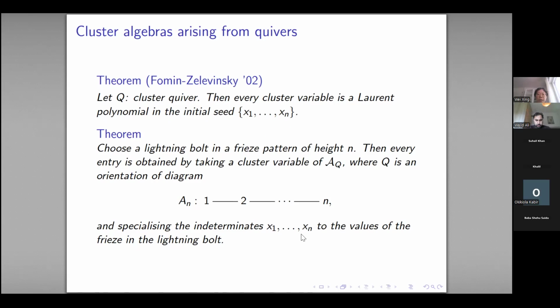And if we specialize the indeterminates x1 to xn to the values of the Frieze pattern on your lightning bolt, then the cluster variables will recover the whole Frieze pattern. Yes, so now we have another bijection.